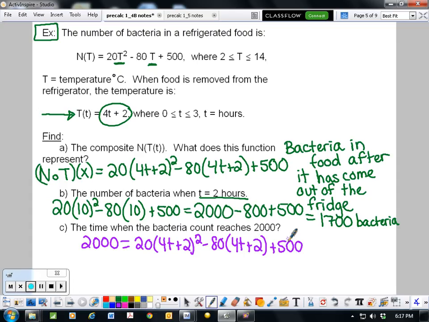We can go ahead and simplify it. We're going to end up with a quadratic. We could try factoring it. We could graph it. We have lots of different options to us. We could graph the line y equals 2,000. And then we can graph our line 20 times (4x plus 2) squared minus 80 times (4x plus 2) plus 500, and look at where these two lines intersect.